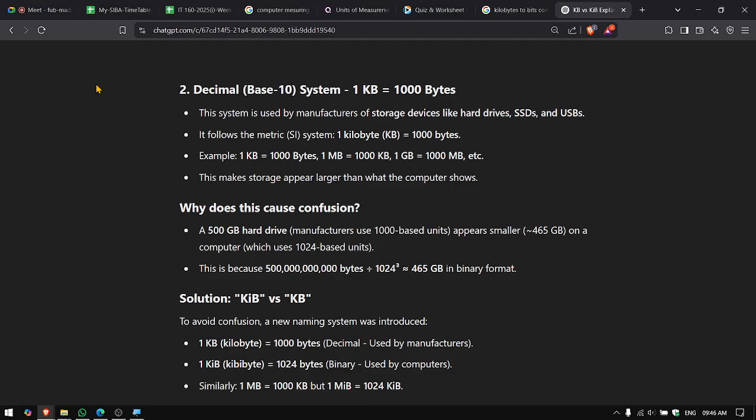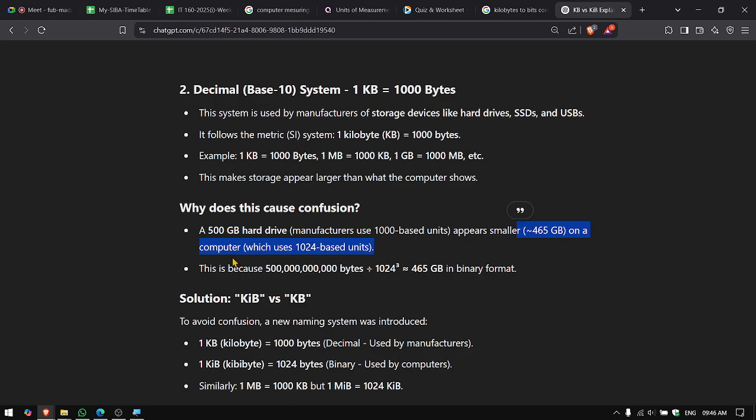It's true, right? So the manufacturer uses the 1000 base system, and 500 GB appears smaller on a computer which uses the 1024 base unit. That's true.